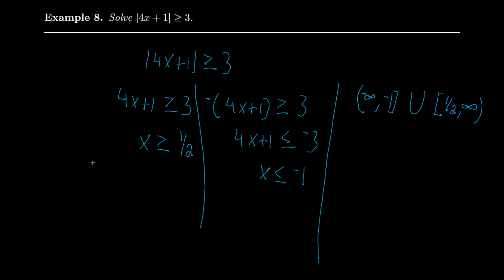And we're sticking them together. This is what this looks like. There's no way to write this as a compound inequality. That is, on a number line, and I know this is probably overkill, but on a number line, here's negative 1, and here's 1/2.